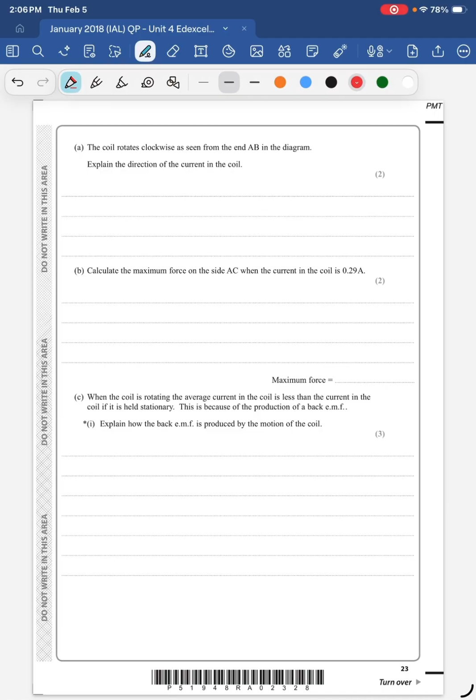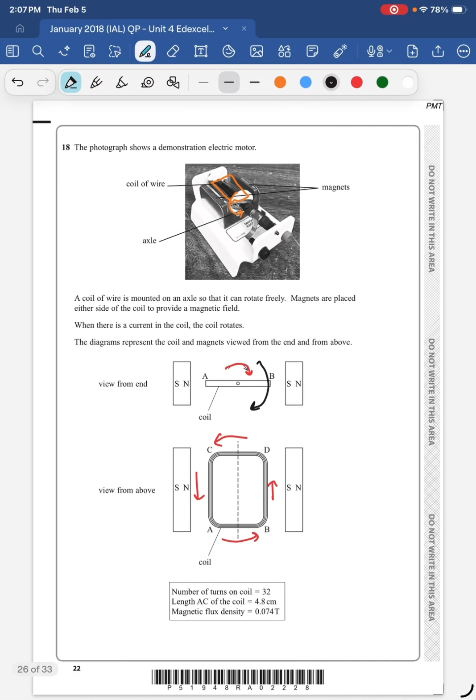Part B. Calculate the maximum force on the side AC when the current in the coil is 0.29. So this is simple. We can use F = BIL. 0.074 is B, because they give us that.